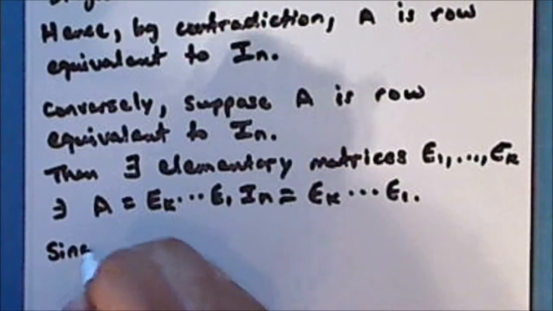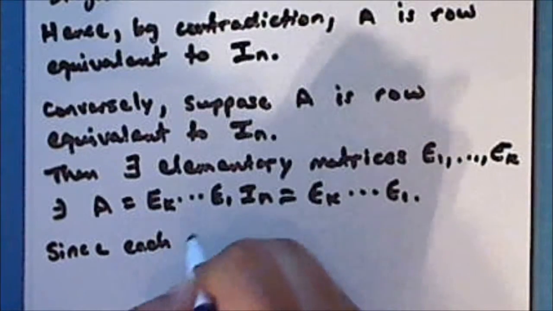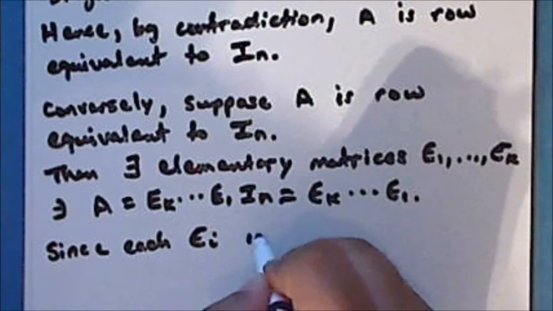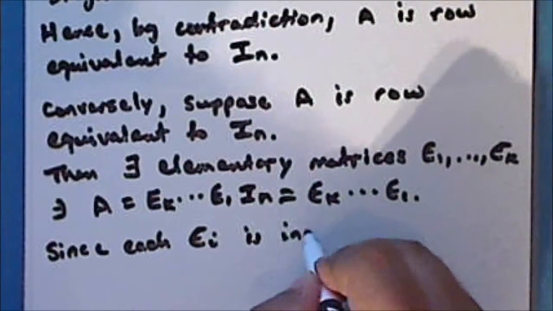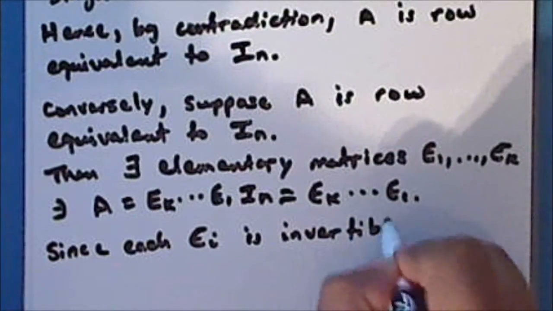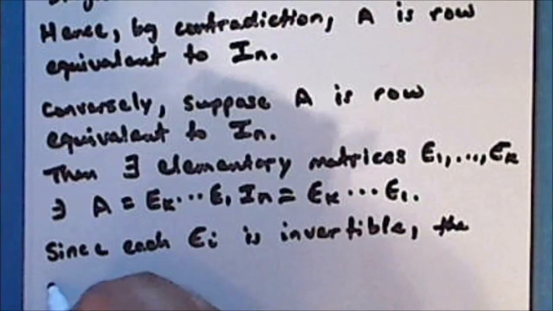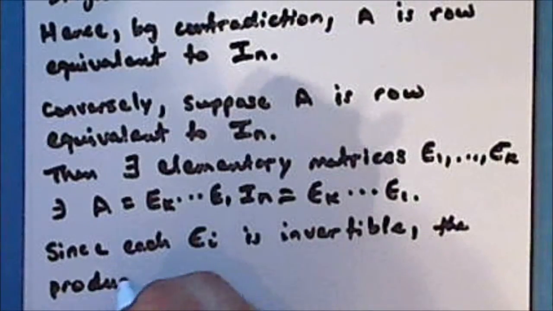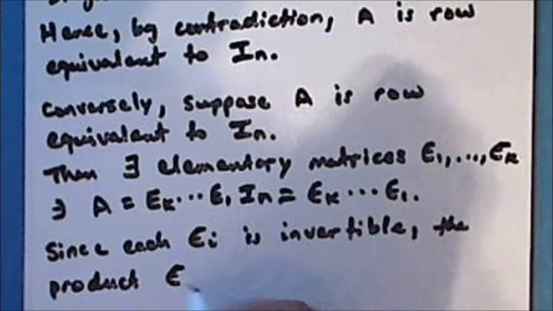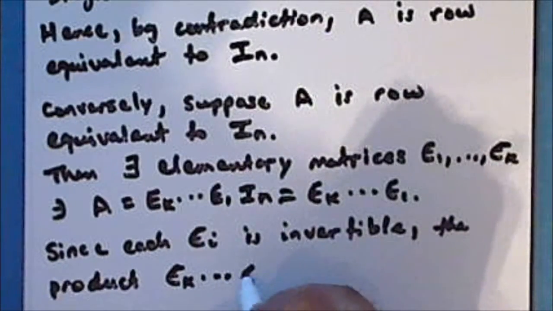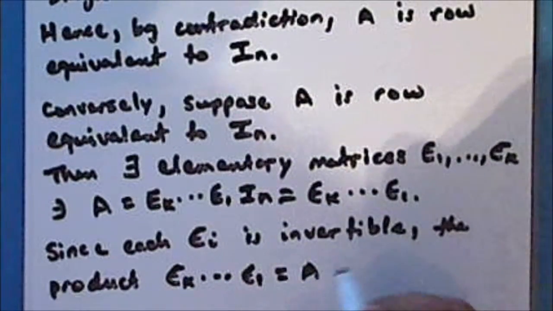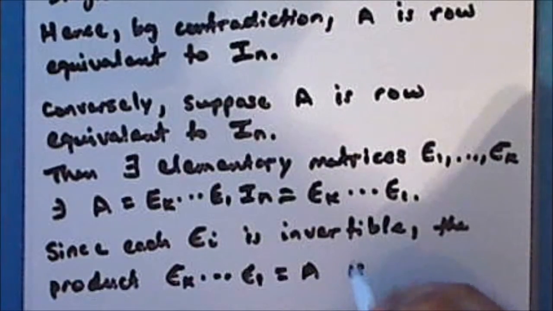Now, since each elementary matrix is invertible, the product of the elementary matrices, which is the matrix A, is invertible.